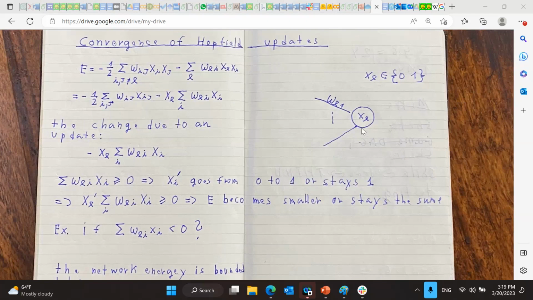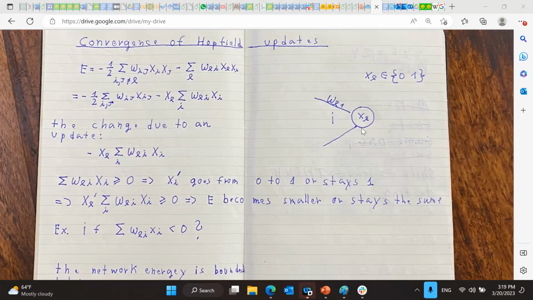And the neurons can have either a value of 0 or a value of 1. How many neurons do we have? A finite number of neurons, right? And everything is connected with everything. Then why is the number of states of the network finite? You're saying because it has to be 2 to the number of neurons? Exactly. Okay, so that's fine.